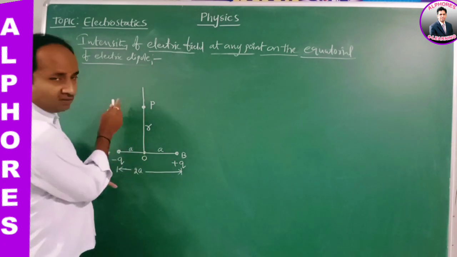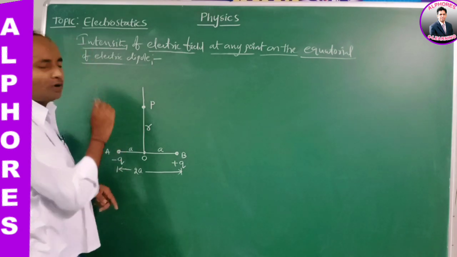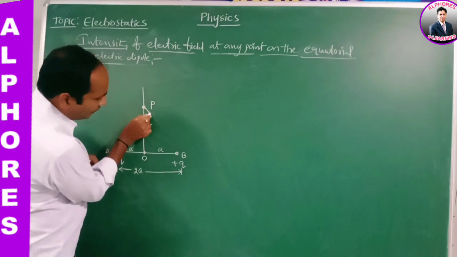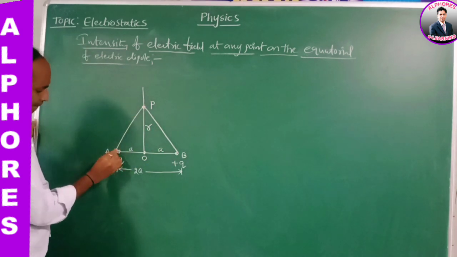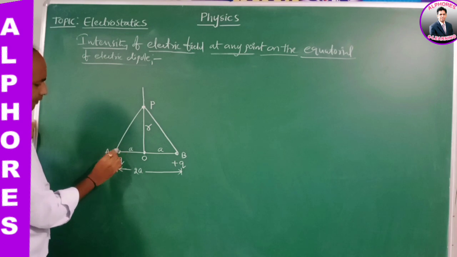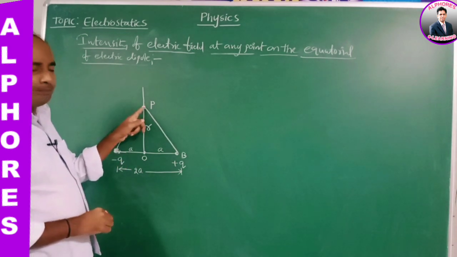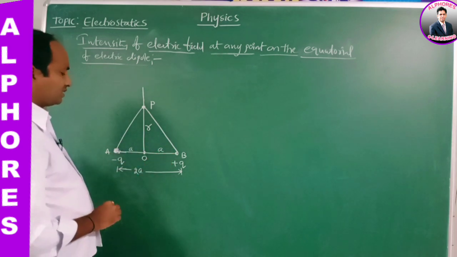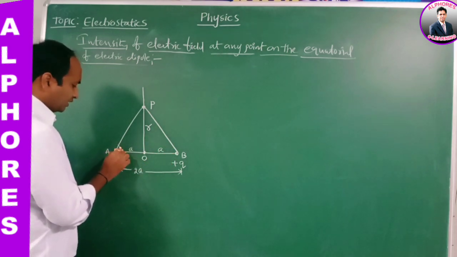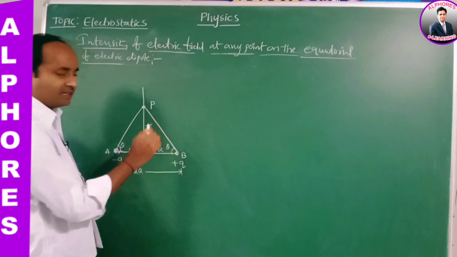Draw one line from the positive charge to the point P, and from the negative charge to the point P. The distance of the point P from the negative charge and positive charge remains the same. Let the angle subtended be theta, here also the angle subtended is theta.